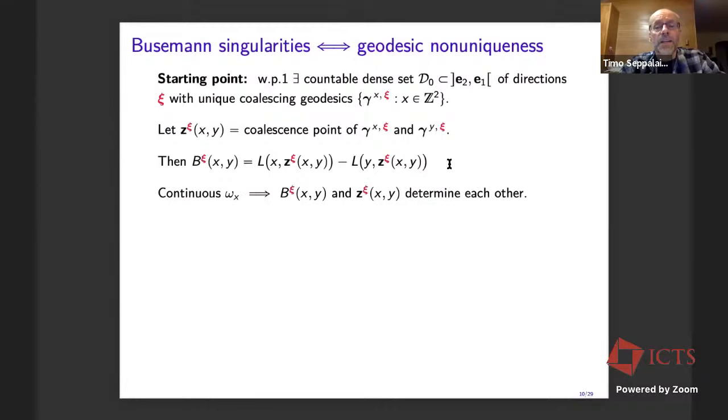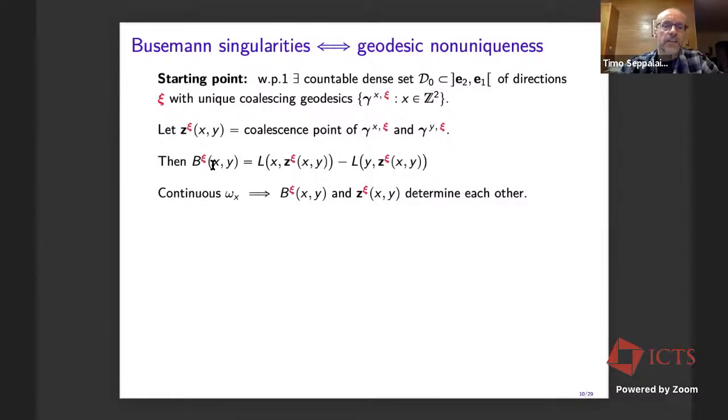All right. And now here comes a little technical point. Since the weight has continuous distribution, if I tell you that there is a coalescence point, then this b value on the left and the coalescence point determine each other. Obviously, if I tell you the coalescence point, I've calculated the left-hand side.